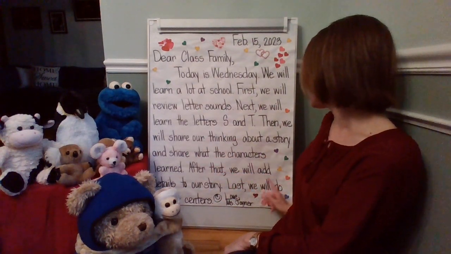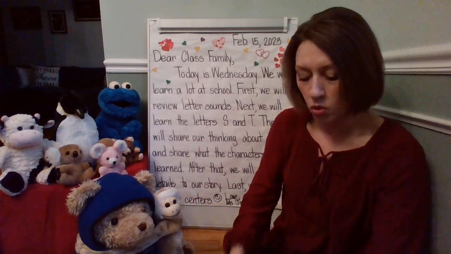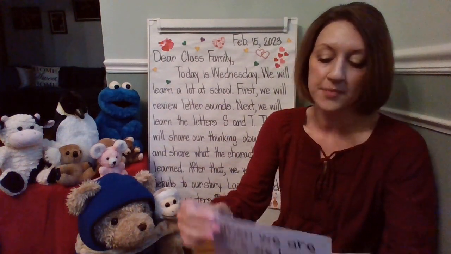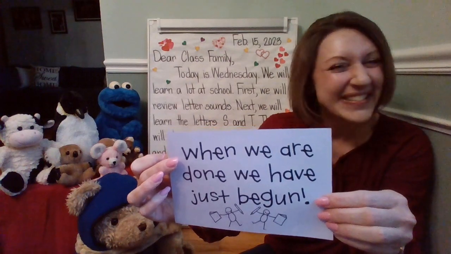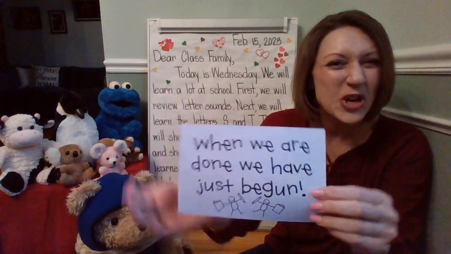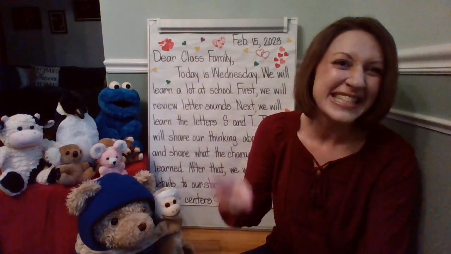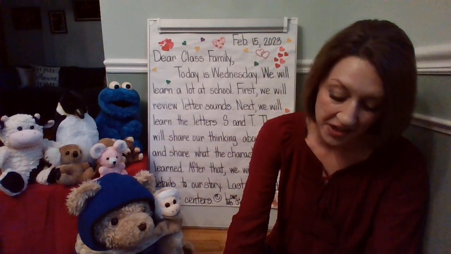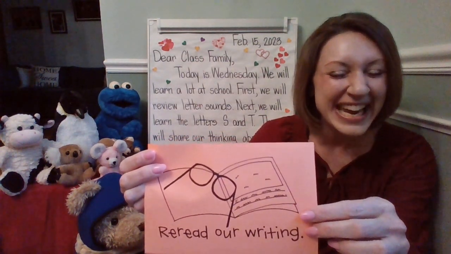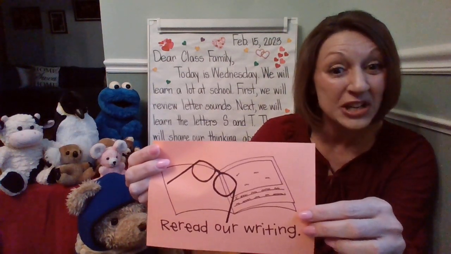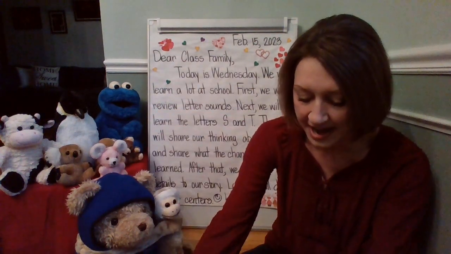After that, we will add details to our story. Okay, so when we're writing, when we are done, we have just begun. Remember, good writers revise, edit, and proofread their writing. So, good writers reread our writing. That's what we're going to do. We're going to reread our writing.